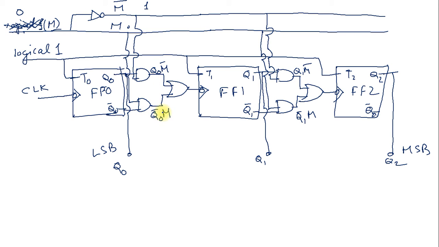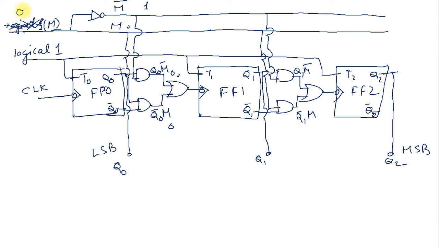So for this one it is 0, but this one is Q complement. So the clock of the next level is got from the Q complement, Q naught. And here it is the same. Q1 is provided to the clock of the next level.